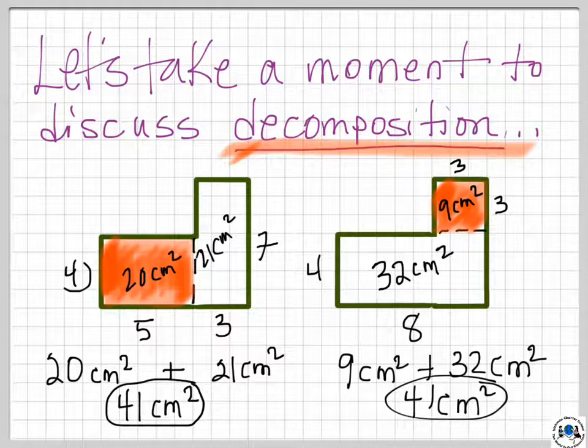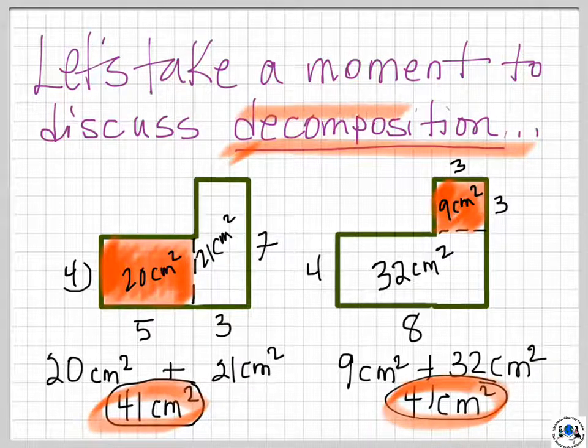Of course, because they are identical shapes, they would have an identical area. But I found it two different ways, and both of those included something called decomposition. So let's keep decomposition in mind as we move on to example 2.